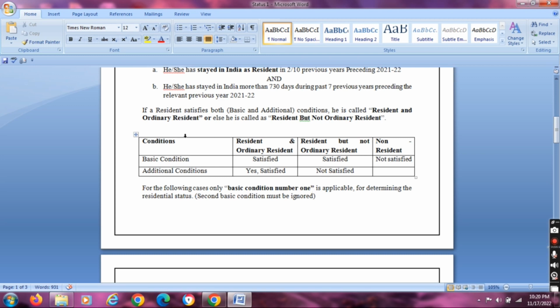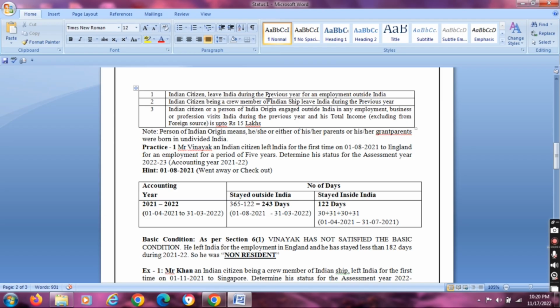For the following cases, only basic condition number 1 is applicable for determining the residential status. The second basic condition must be ignored for the following persons. Who are they? Number 1, an Indian citizen who leaves India during the previous year for employment outside India.